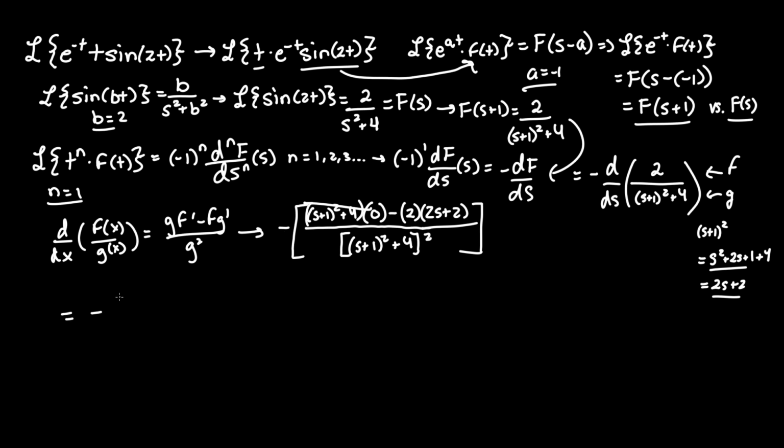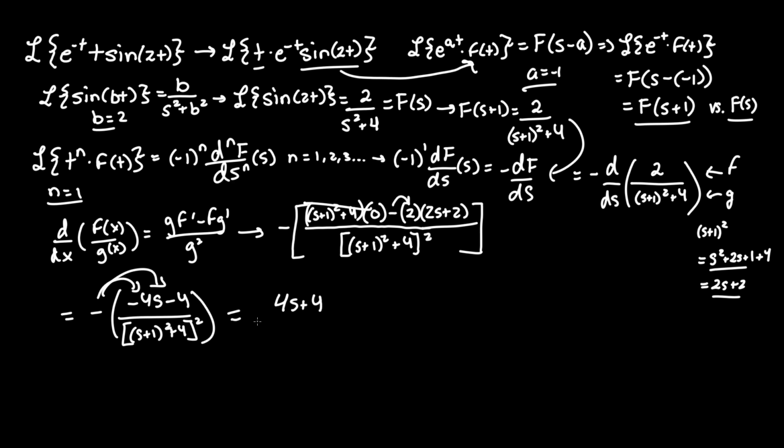So this equals negative, parentheses, negative 4s minus 4, since we have to distribute the negative in, and put that over our same s plus 1 squared plus 4 quantity squared term. And now we can distribute the negative here to become 4s plus 4 over s plus 1 squared plus 4 squared. And that's our answer.